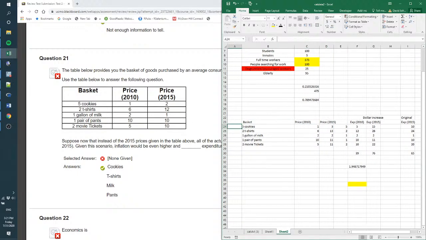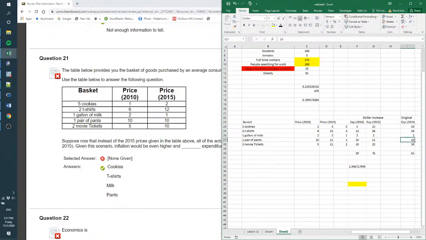And what's happening here is that we bought a bunch of cookies. So cookies make up a large portion of our CPI, and so even a small price change is going to lead to a large increase in the expenditures. So we can compare this to the other ones. We only bought 2 t-shirts, and it was just a $1 increase, and so that led to just a $2 increase in our expenditures. 1 gallon of milk, that's just $1.